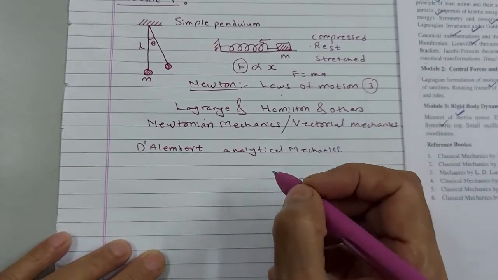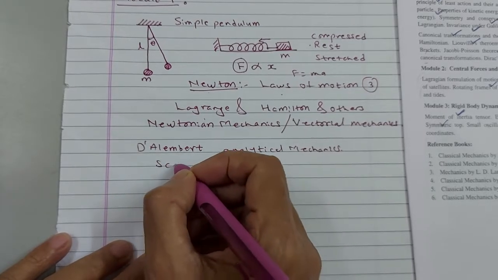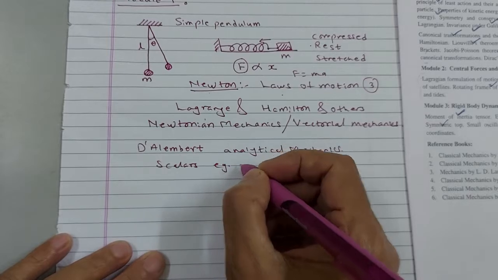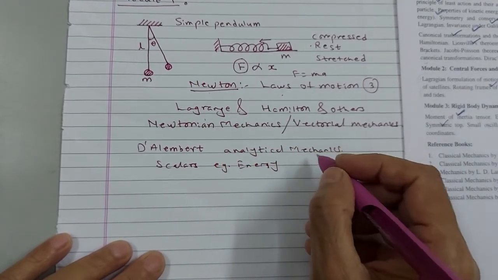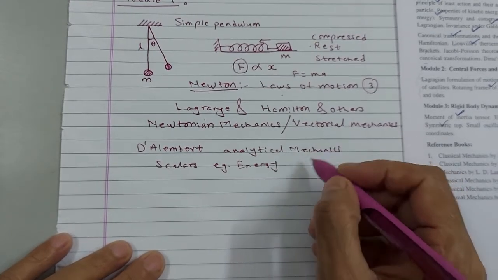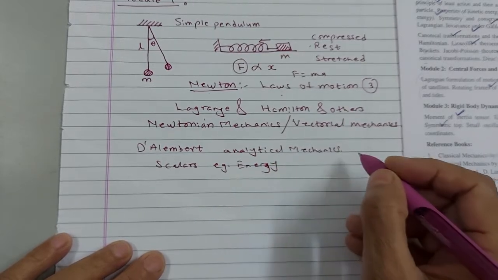In this, what are the quantities involved? The quantities involved are basically scalars, for example energy. Energy and dynamical relations are obtained by differentiation. If you do not get it directly, differentiate it and you will get it.